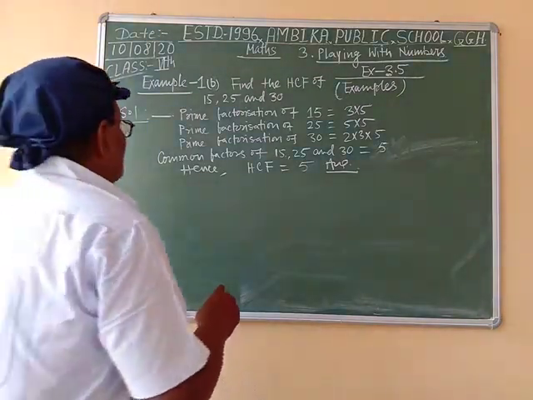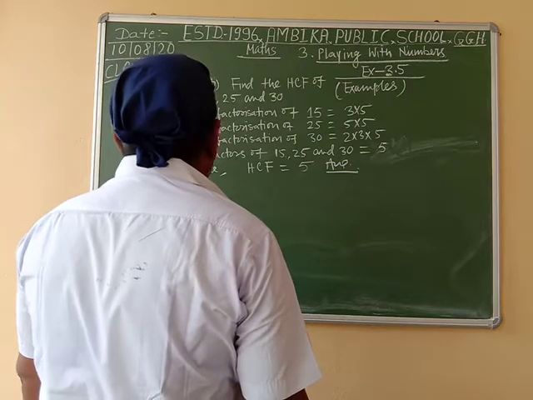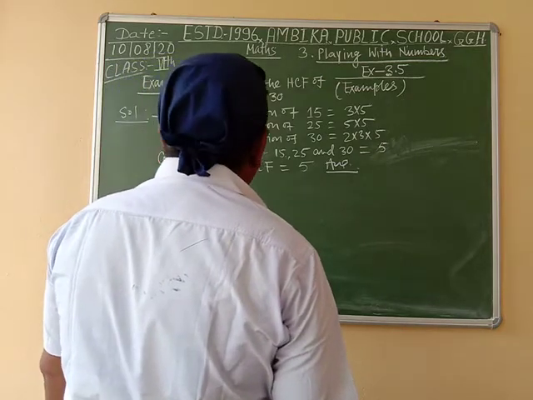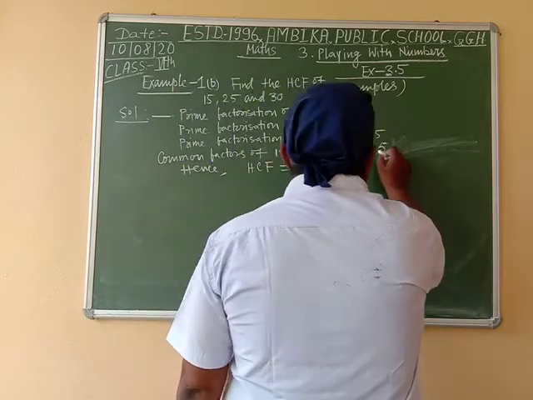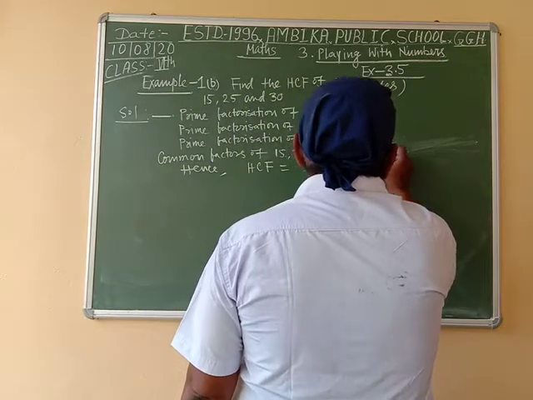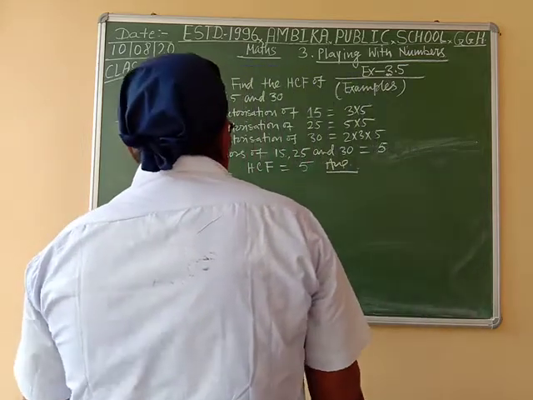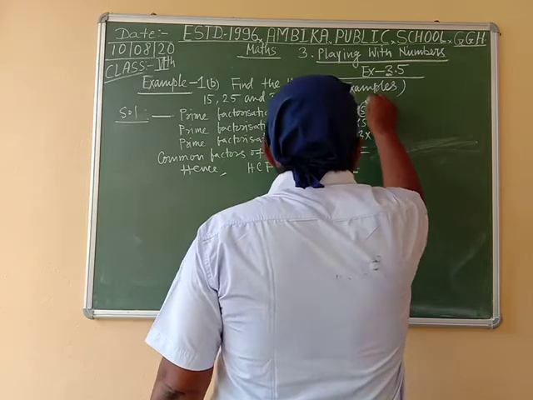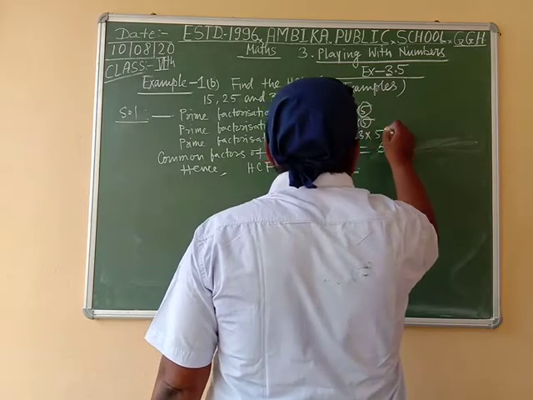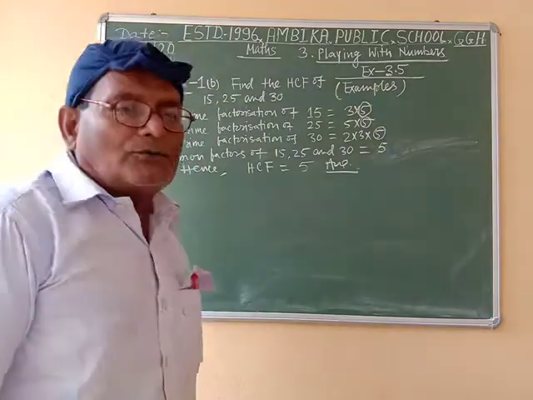Now we find the common factors of 15, 25 and 30. We see that 5 is the only number which is common in all. Hence, required HCF will be 5.